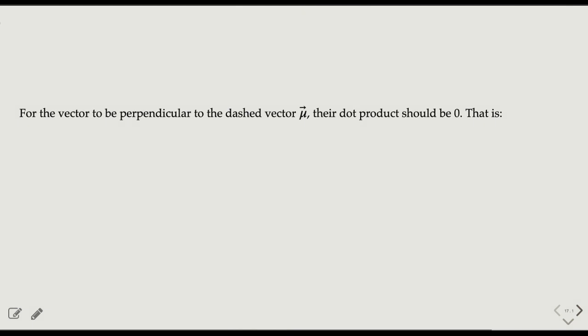And so next, for any vector to be perpendicular to the dashed vector that we observe there, their dot product, as I said, should be 0. So that is v vector and u vector, their dot product should be 0.